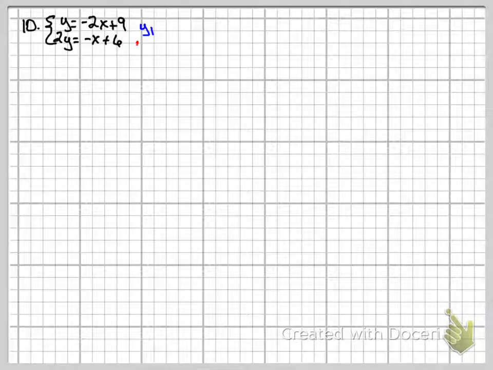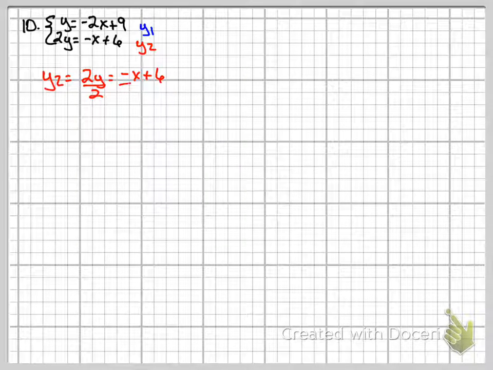So the first one's our y1, the second one is y2. Get y2 into slope-intercept form. We're going to divide by 2. We have y is equal to negative 1/2 x plus 3.